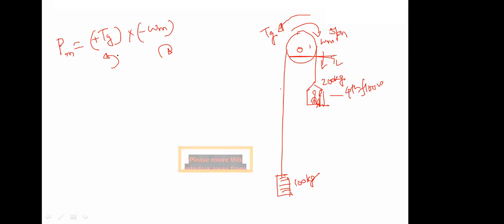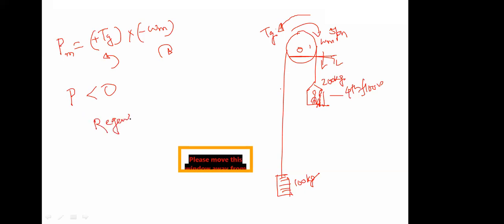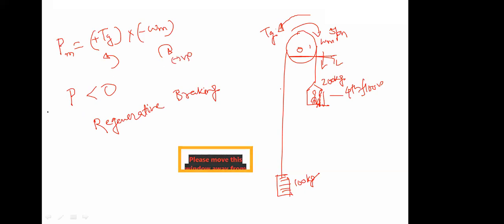So the motor wants to make its shaft go anti-clockwise, but due to the weight, it is being forced to rotate clockwise, right? So the power is less than 0. So what is this? Regenerative braking.